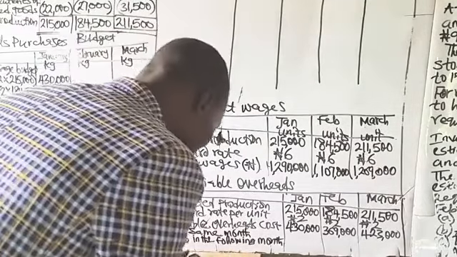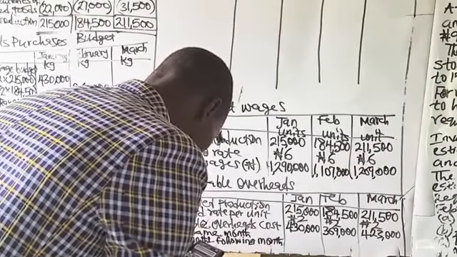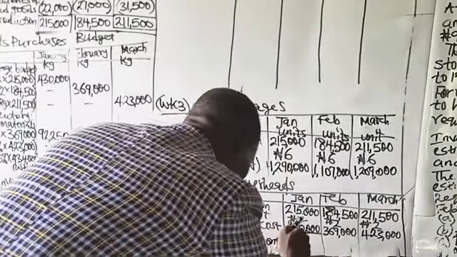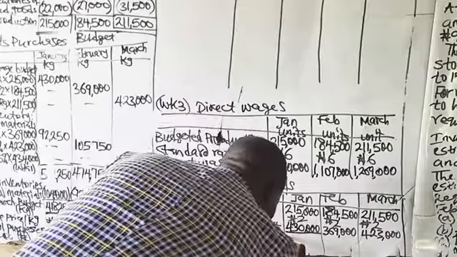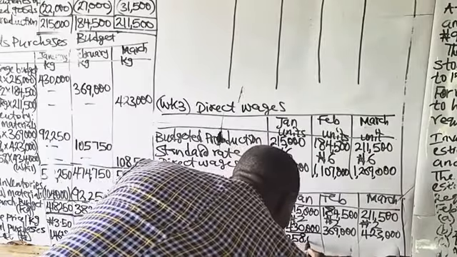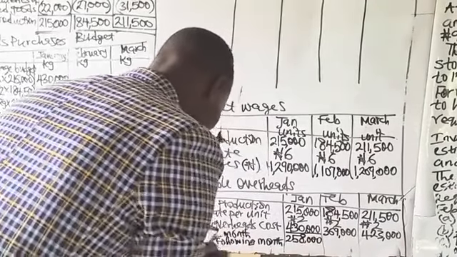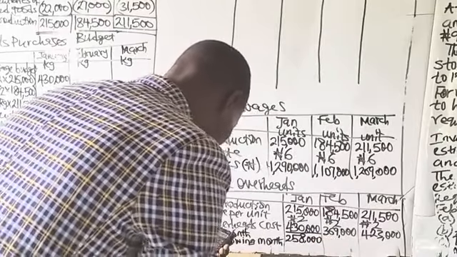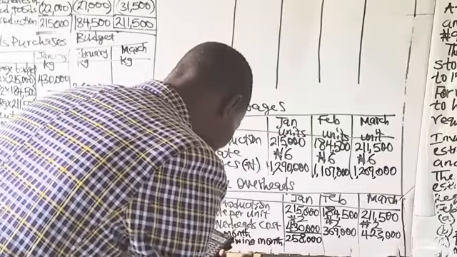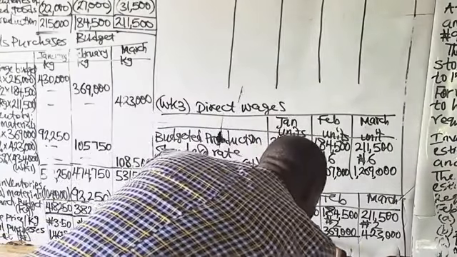So 60% of 430,000 will be paid in the month of January. The amount incurred in the month of January is 430,000. 60% of that is 258,000. Then of February, variable overhead cost of 369,000. 60% of that will be paid in the month of February, and that amounted to 221,400.